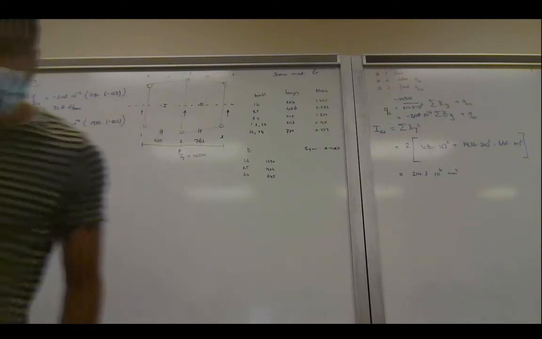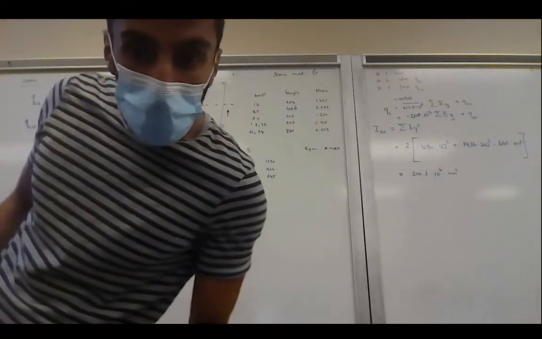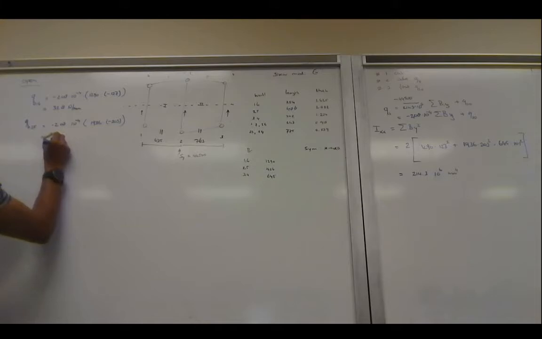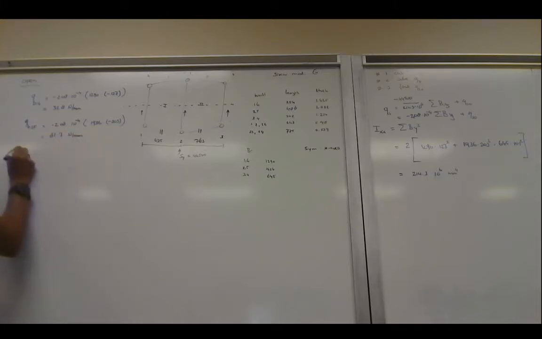If we do this correctly, we get 81.7 Newton per millimeter.